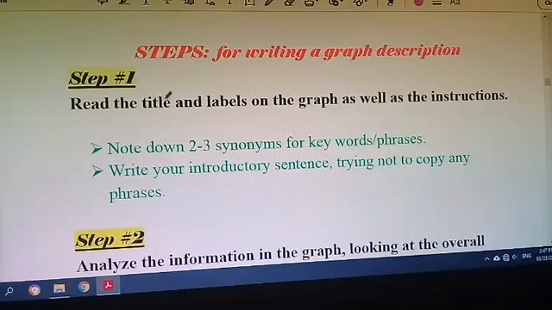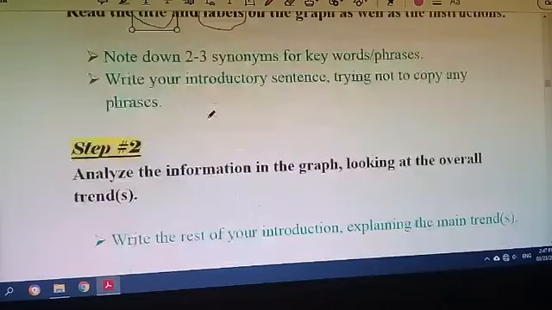Read the title as well, and label on the graph as well as instruction. Label, that is, go through the graph very carefully, minutely. Number 2, analyze the information in the graph looking at the overall trends.